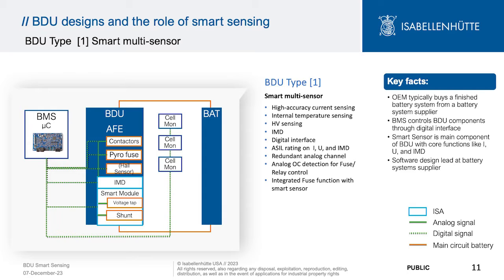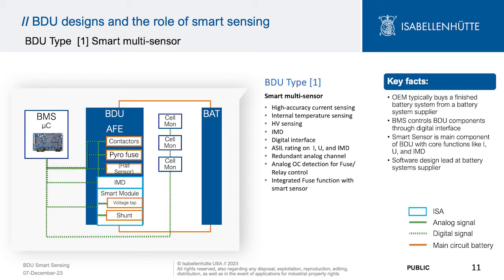This smart multi-sensor would include several sensing functions like high accuracy current sensing, internal temperature sensing, high voltage taps, so high voltage sensing functionality with multiple channels, to control the battery voltage, the state of contactors, the state of fuse, and so on.